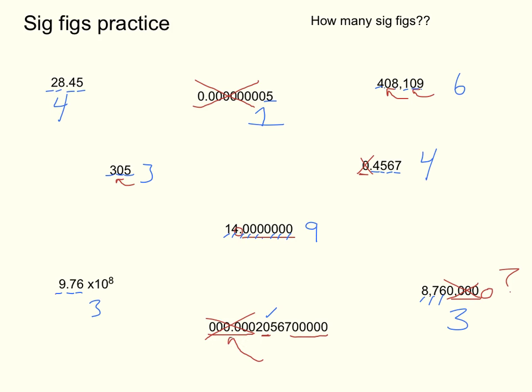Is there a decimal? Yes, there is a decimal. So these trailing zeros, by rule number 4, are significant. So let me do my counting. It's going to start at this 2, 0, 5, 6, 7, and then 1, 2, 3, 4, 5 zeros. So that's 1, 2, 3, 4, 5, 6, 7, 8, 9, 10. So we have 10 sig figs in this number. Very large, very complicated. And we use 3 different rules.